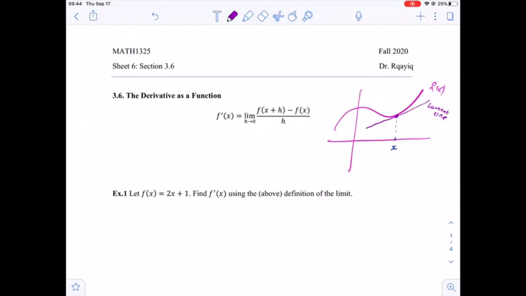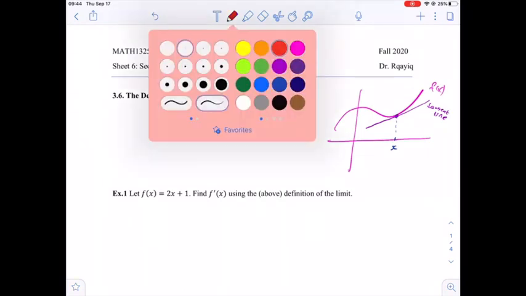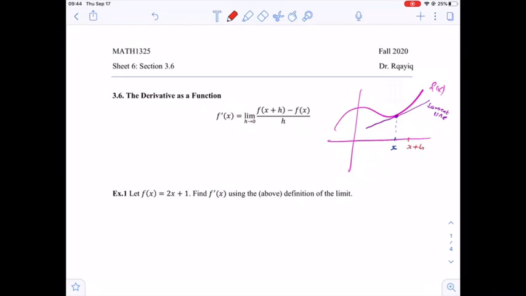Okay, and here we may choose another point that's very close to x. Let's choose x plus h. This is another point, and we can use the average rate of change to approximate the slope. But as we described last time, instantaneous rate of change gives us the rate of change at a specific time.